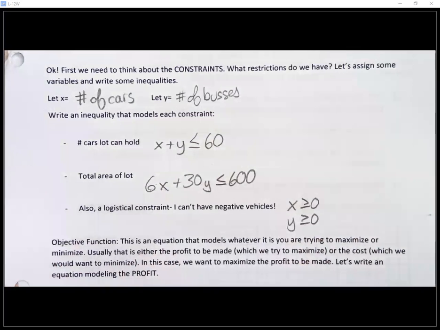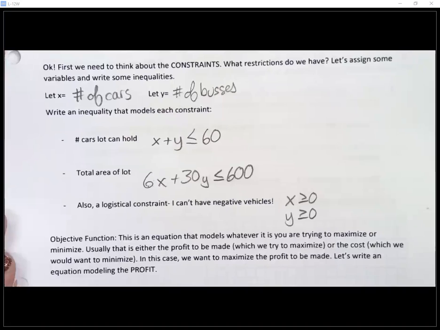There they all are. I can now turn those into a graph, and I can graph the feasible region. That feasible region will show me all of the combinations possible of these 2 different types of vehicles to park in this lot. Isn't this cool? I thought you would like this. So, all right, let's go ahead and graph.